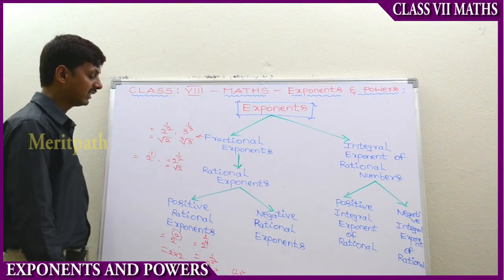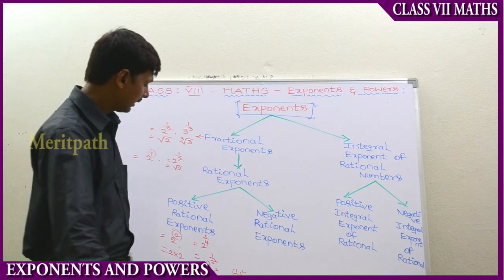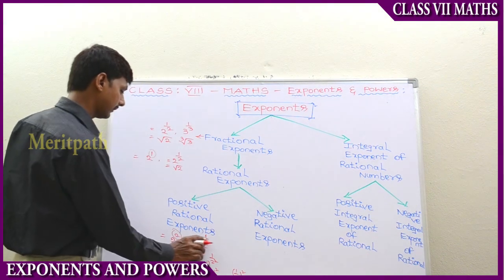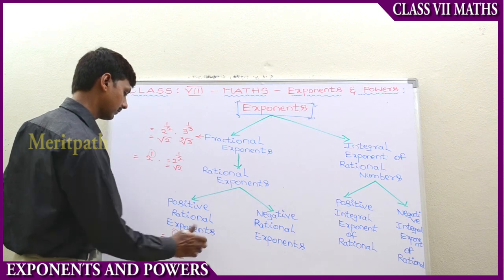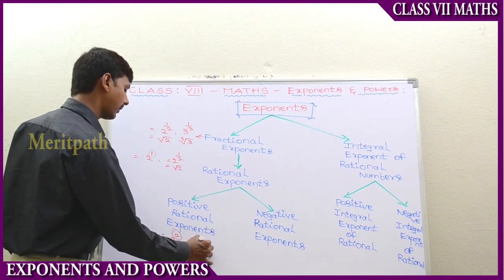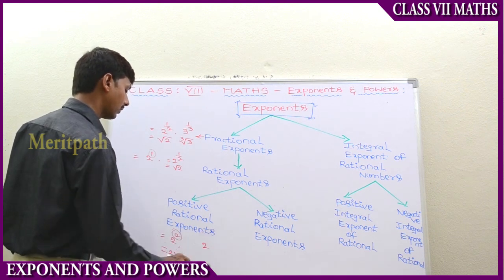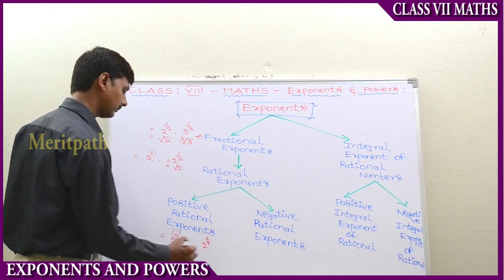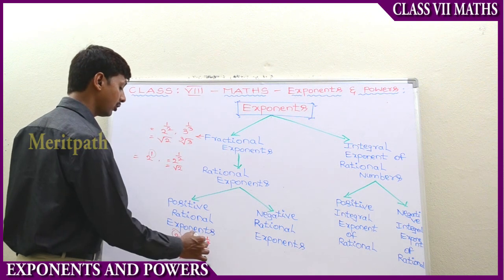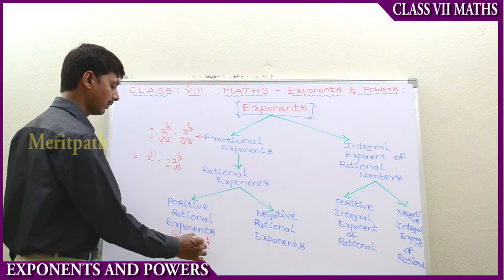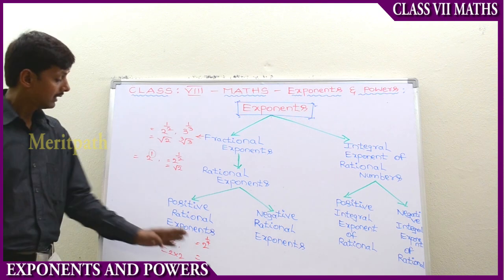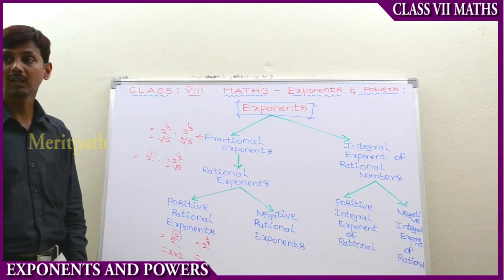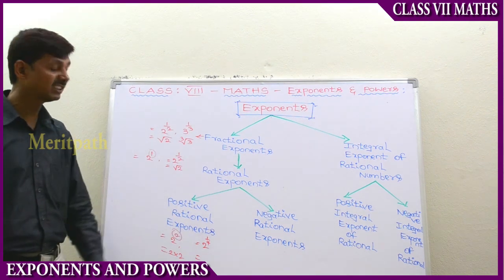So this is a positive rational exponent. Let's take some other example: 2 power 1 by 4 is also a rational exponent. Examples like this we call positive rational exponents.